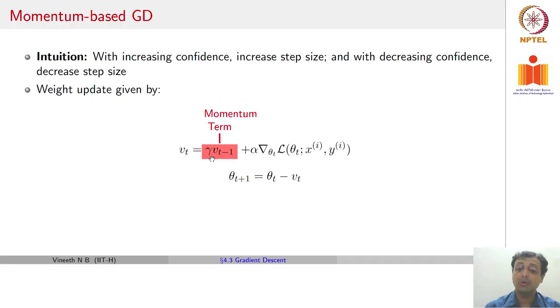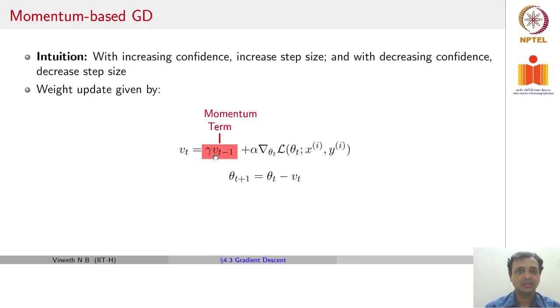That's a simple reason. But the more important reason is, remember, Vt minus 1 has a component of Vt minus 2 in it, because momentum was used in computing Vt minus 1 in the previous time step. So now this would become gamma. So the component of Vt minus 2 that influences Vt will be gamma square into Vt minus 2.